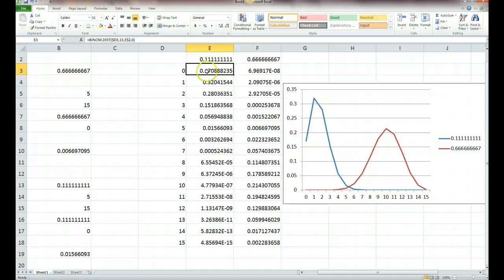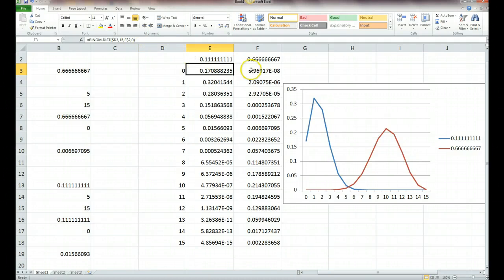For the probability, binom.dist, you have D3 as the number of successes, and 15 is fixed, which is your number of tosses, and then the p-value is given in E2. I have put the dollar sign to anchor it so that when I copy it, it stays E2.